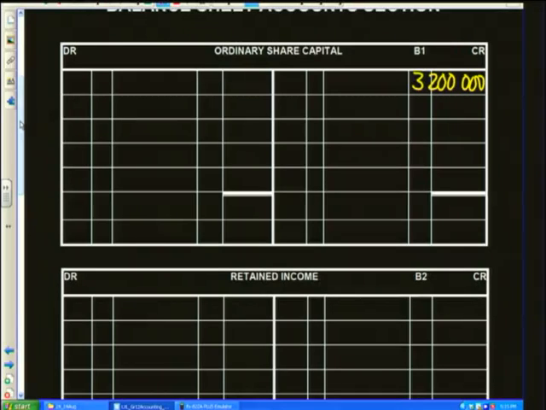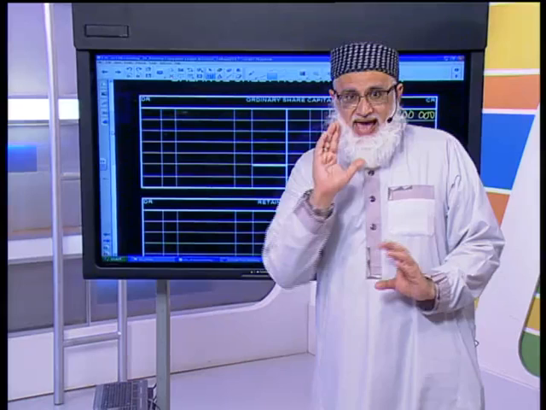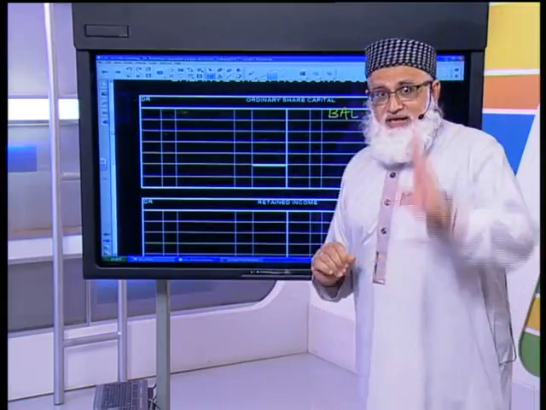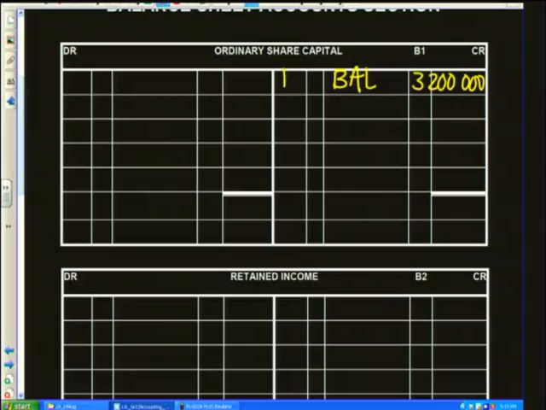Obviously, that has to go into the money column. So that's my balance in my ordinary share capital account, remembering that it's an equity account. Equity accounts have credit balances. On the credit side, my balance when? In November the 1st, so that's my date.